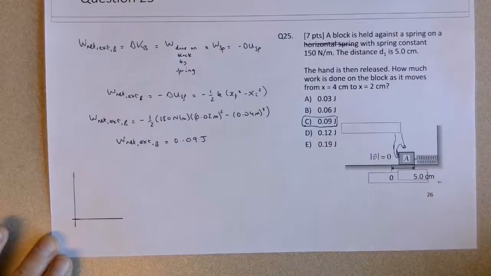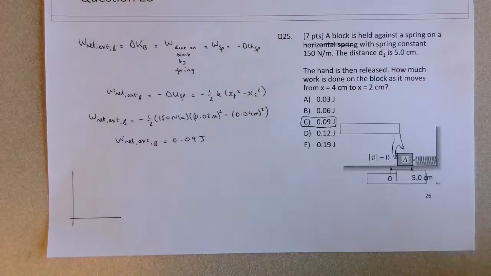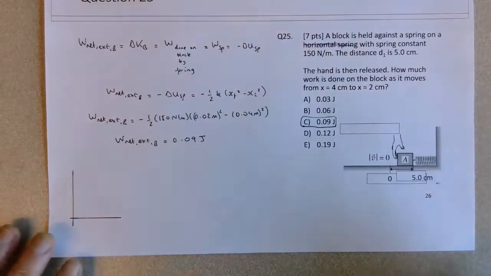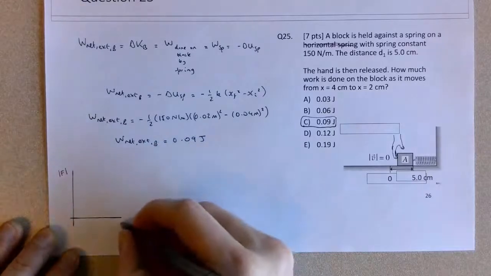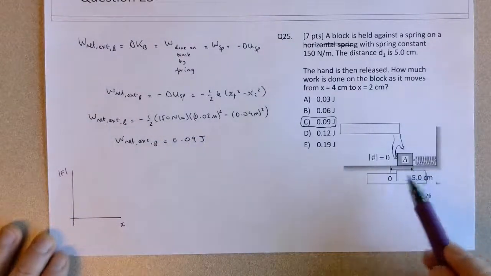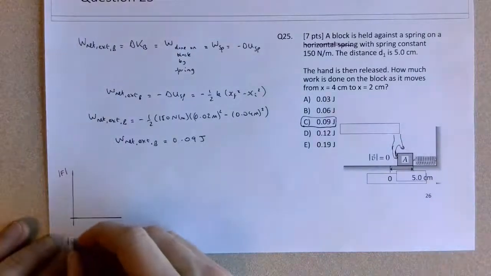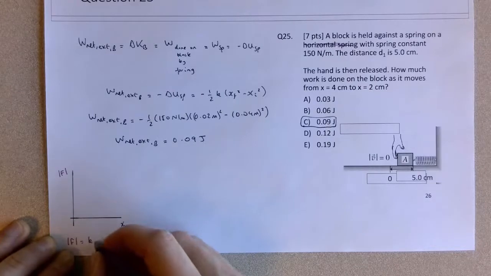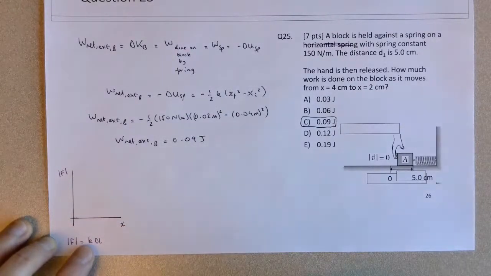If we think of plotting the magnitude of the force versus the position, because the force would be negative, if I just think about the magnitude of the force, the magnitude of the force is given as k delta L, where delta L represents the displacement from the equilibrium length of the spring.